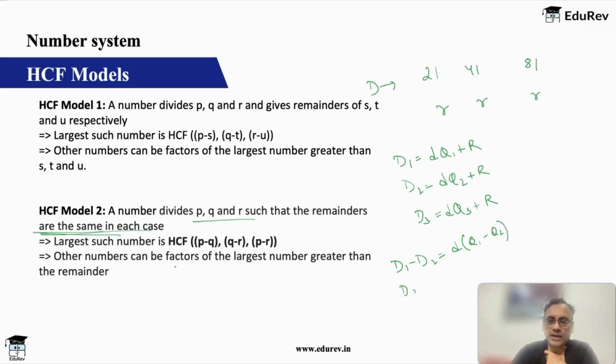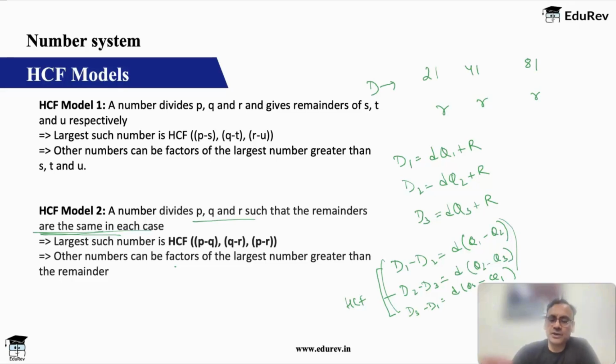If you do D2 minus D3, you get D into (Q2 minus Q3). If you do D3 minus D1, you get D into (Q3 minus Q1). Right? All these you can see are fully divisible. There is no R there. So basically, you take the HCF of all of them, and that gives you the answer.